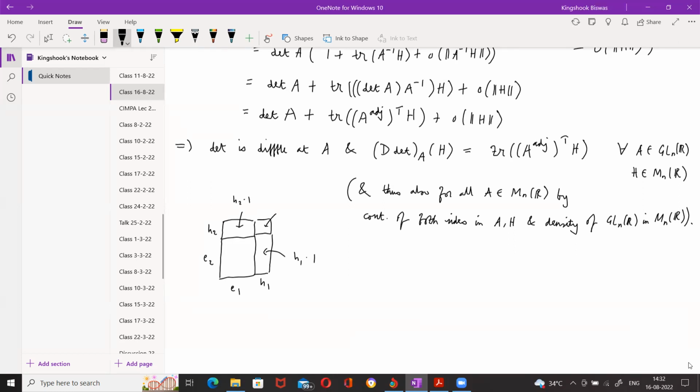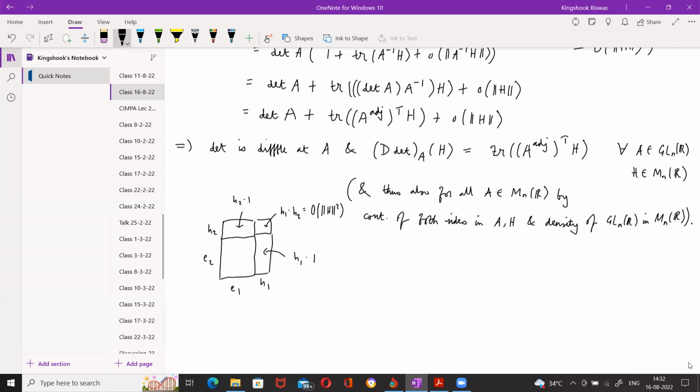And this area is h_1 h_2, which is big O of norm h squared, right?